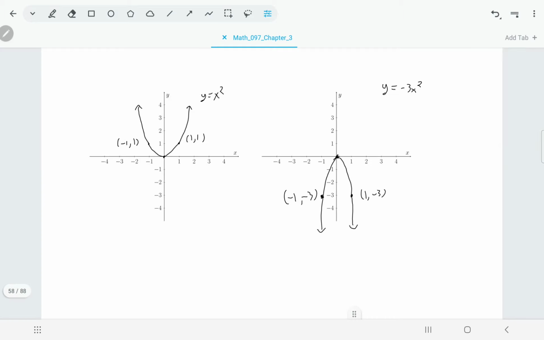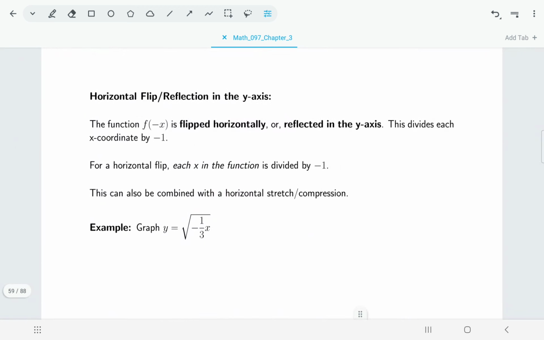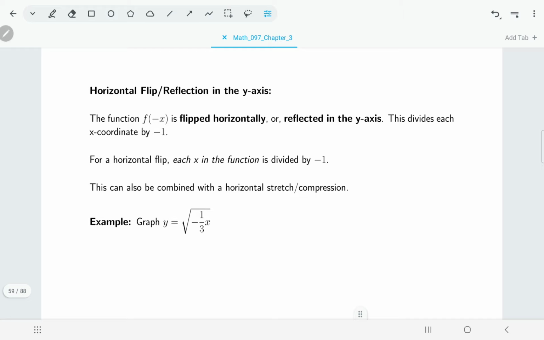And then lastly, the last transformation to talk about, the horizontal flips, flipping things in the y-axis. Not a surprise, you'll do that at the same time you do your horizontal stretches. So if we had a negative number in front of the x, that would change all of our x coordinates from positive to negative or negative to positive.